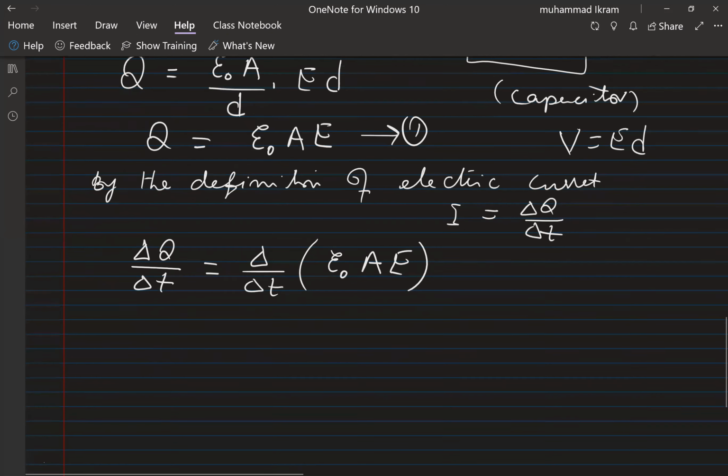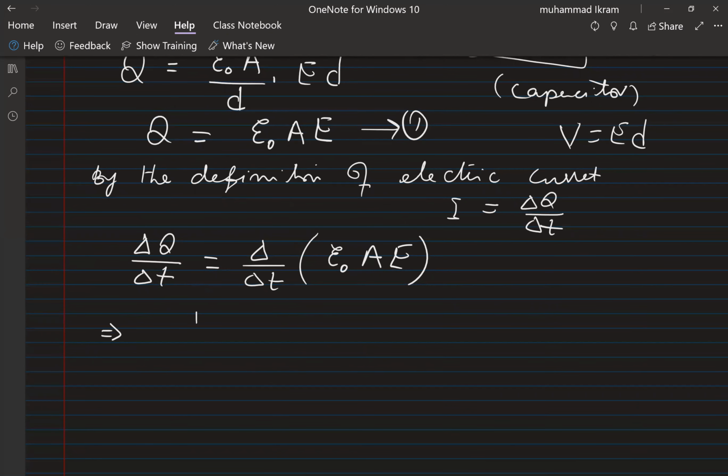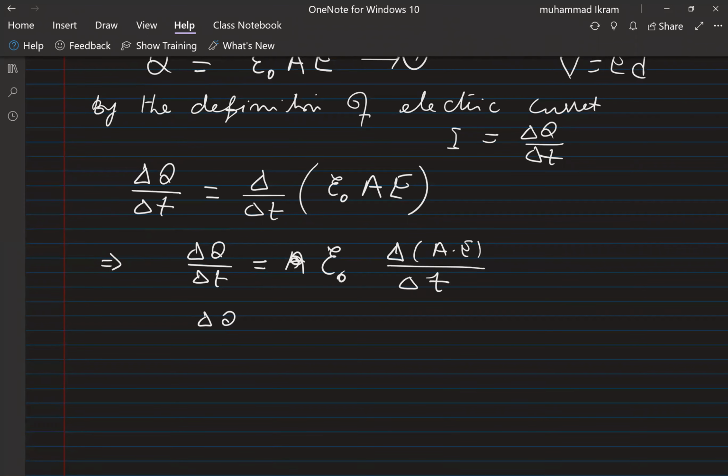Here you see that delta Q by delta t equals epsilon naught A into delta E by delta t, since the area of the plate is constant. A will be taken outside and I'll write it like A dot E over delta t.